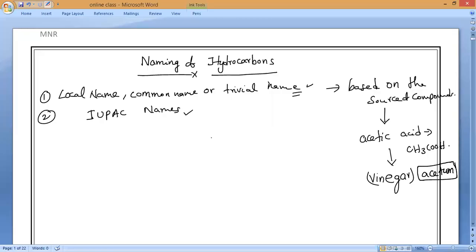Now coming to the IUPAC name, it is based on internationally accepted rules of chemistry. That is what we call the IUPAC name. IUPAC is the organization; the full form of IUPAC is International Union of Pure and Applied Chemistry.